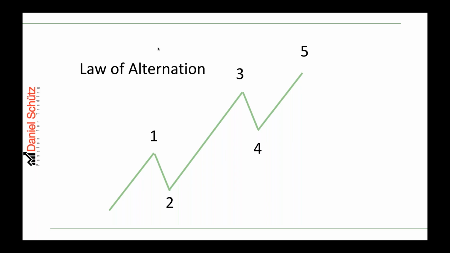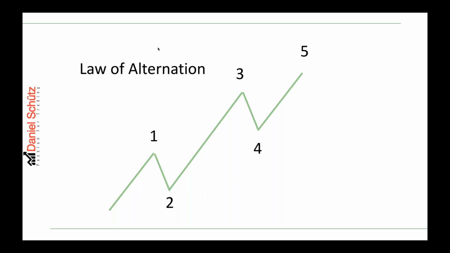And yeah, there's one law, the law of alternation, that sounds very sophisticated, but it is quite easy. The law of alternation is very important for trading Elliott waves, but luckily it's very simple. To explain it, however, I have to make some adjustments.